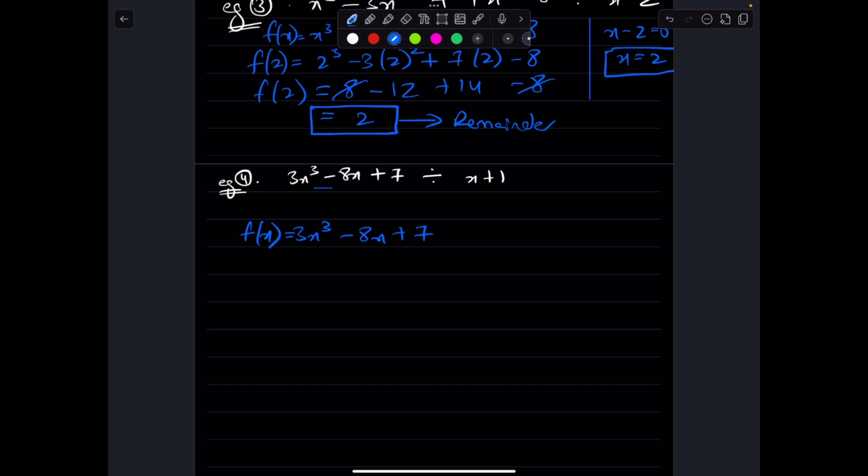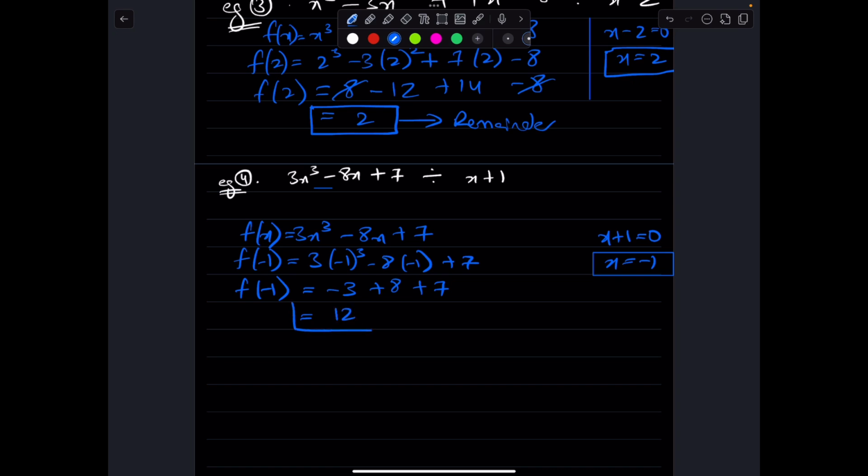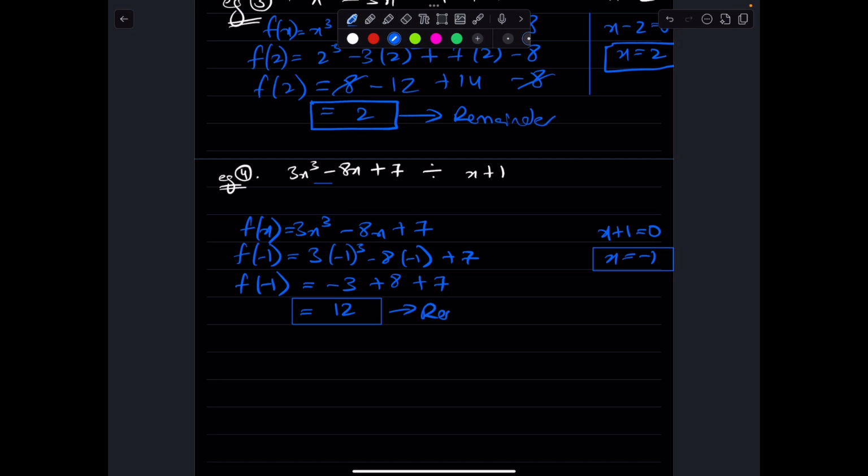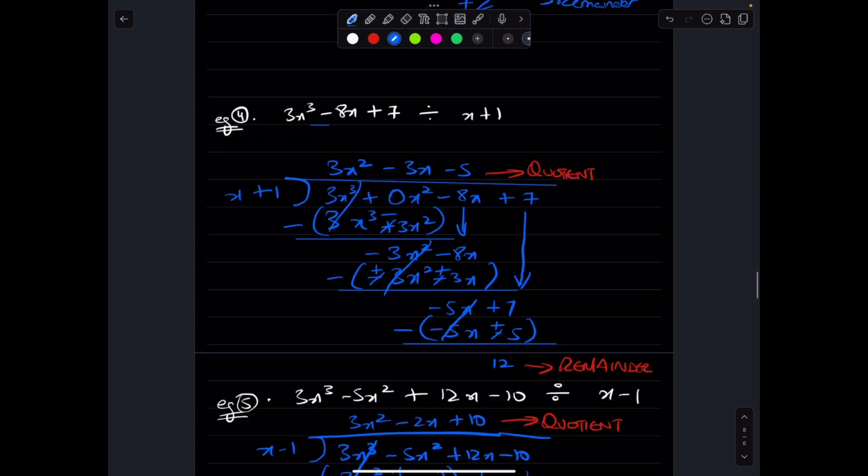We'll equate the divisor to 0 and the value of x turns out to be minus 1. We'll substitute this value of x in the function of x, and the answer hence obtained, wait a second, so this is minus 3 plus 8 and plus 7. The answer hence obtained is 12. And this is the remainder, and this is in line with example 4 we had earlier.